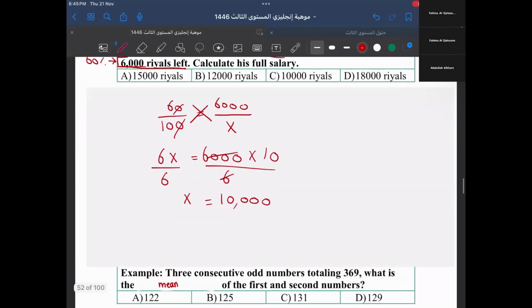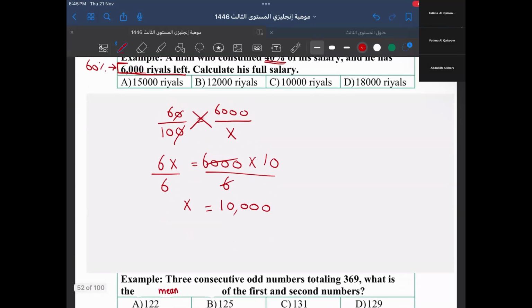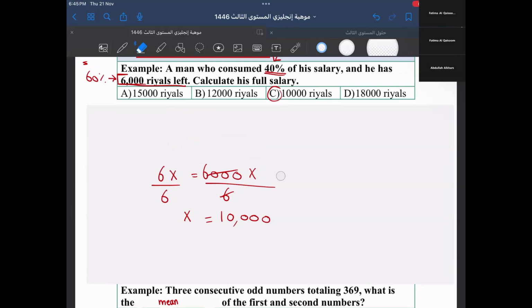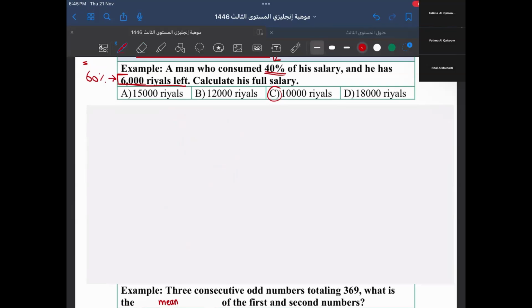Excellent. Which is C. Okay, clear? Is it clear, guys? Yes. Okay. So this is the ratio that I'm talking about. You can always do this ratio if you have two values that equal each other.